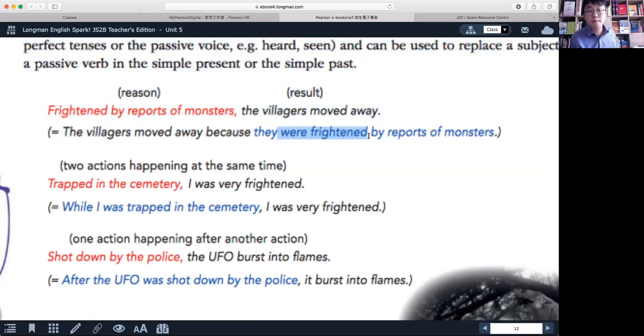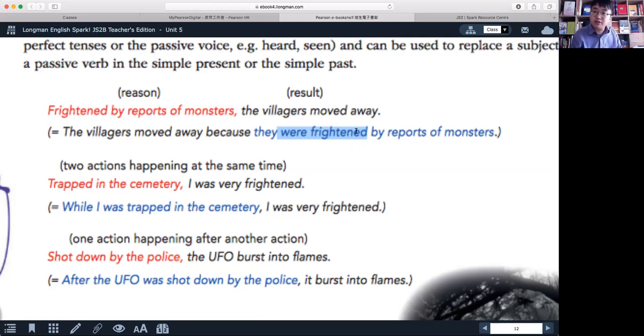So this is passive voice. So this is why we will not use present participle clause. We are using past participle clause here because in the original sentence, we are using a passive verb.